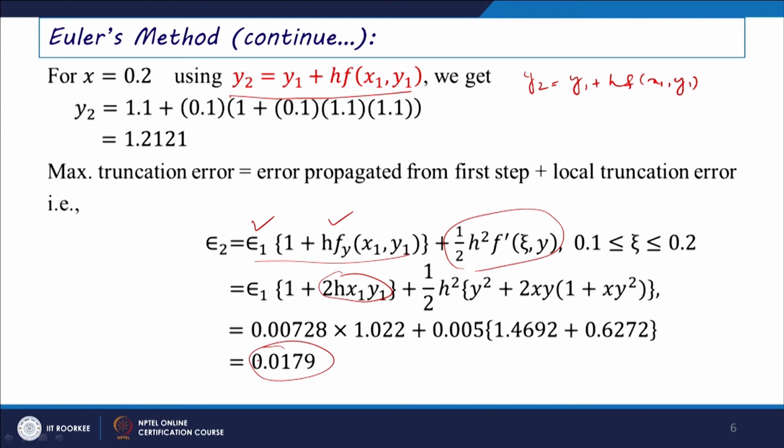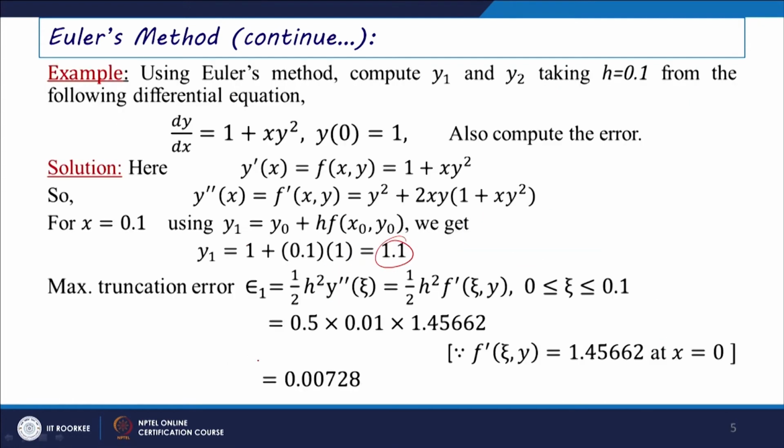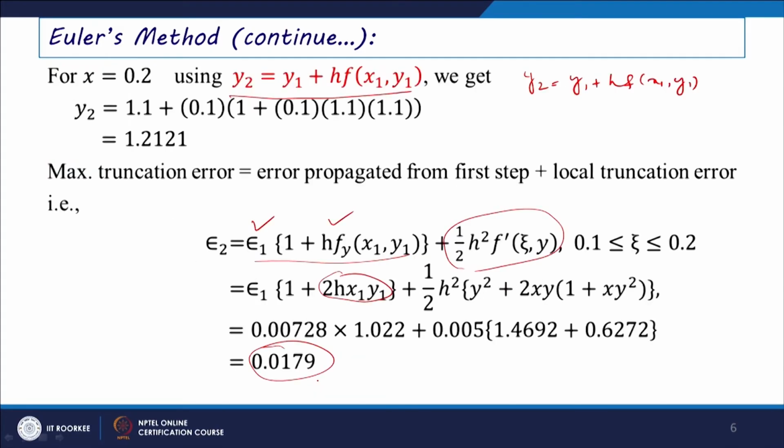If you see the previous step error, it is given as 0.00728, and in the next step the error is 0.0179 here. Whenever we go for higher steps, the error will be minimized afterwards.